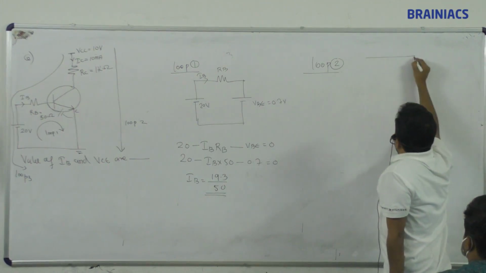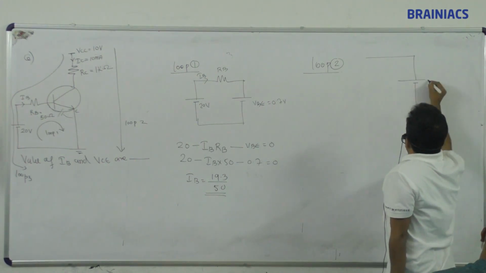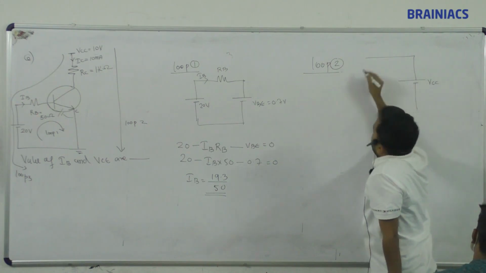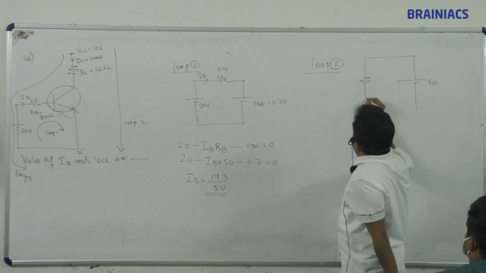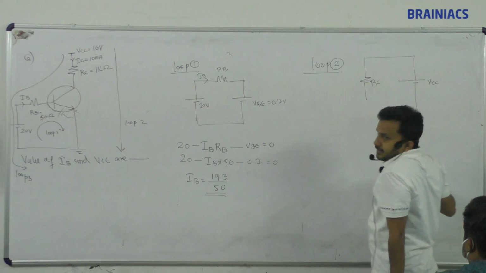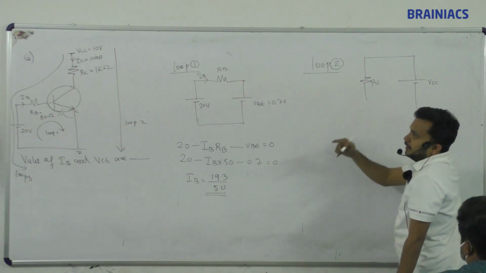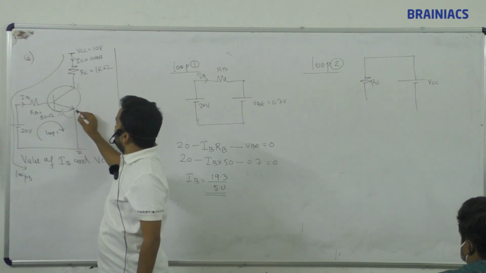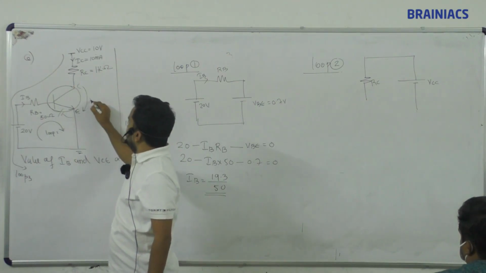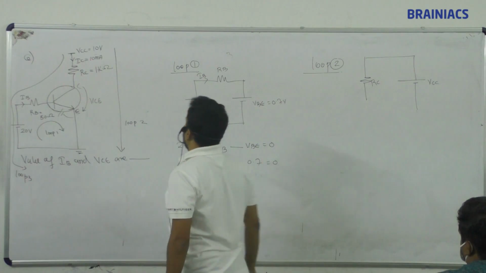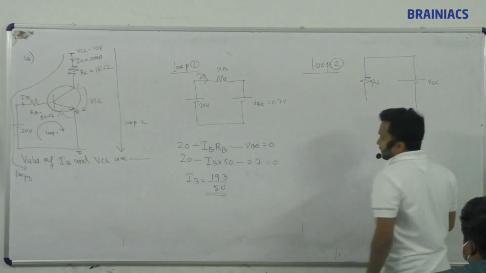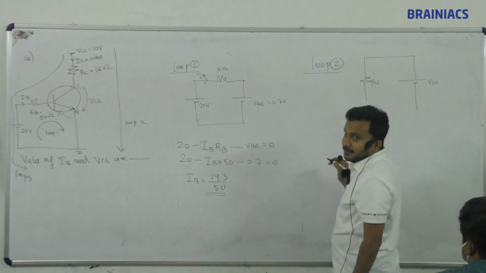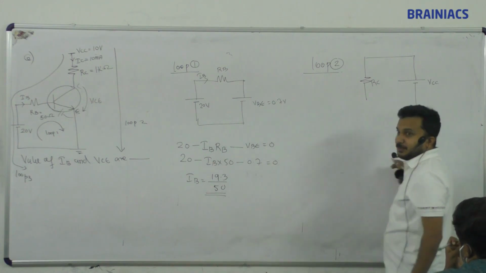VCC. What I am going to do is draw like this. VCC. Then what other things will be there? Resistance. What is the value of the resistance? RC. Then collector emitter. What is the voltage between these two? VCE. Is collector positive or emitter positive?